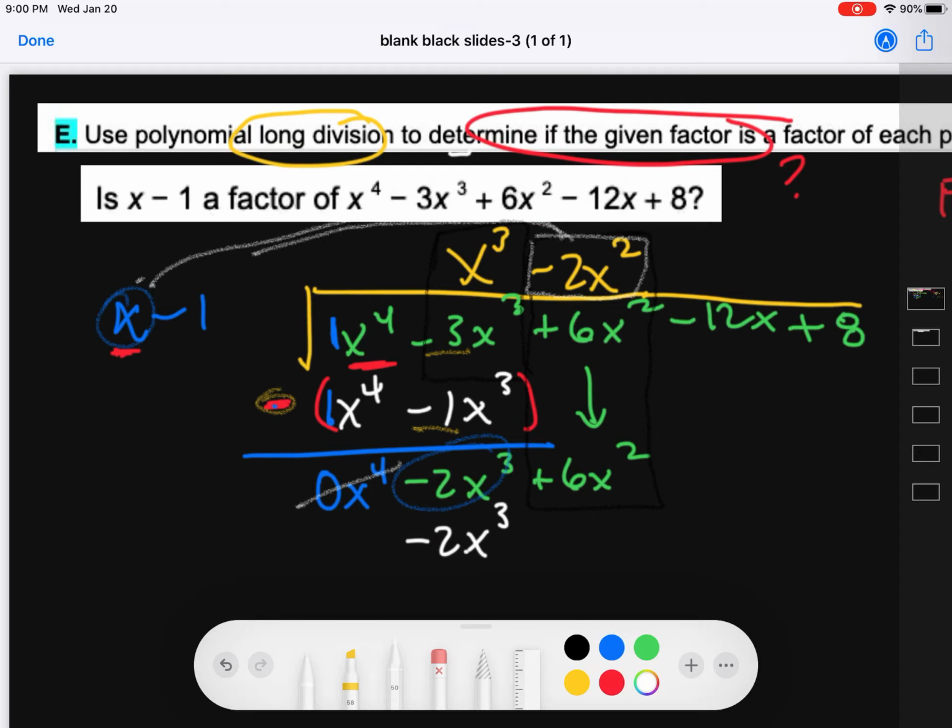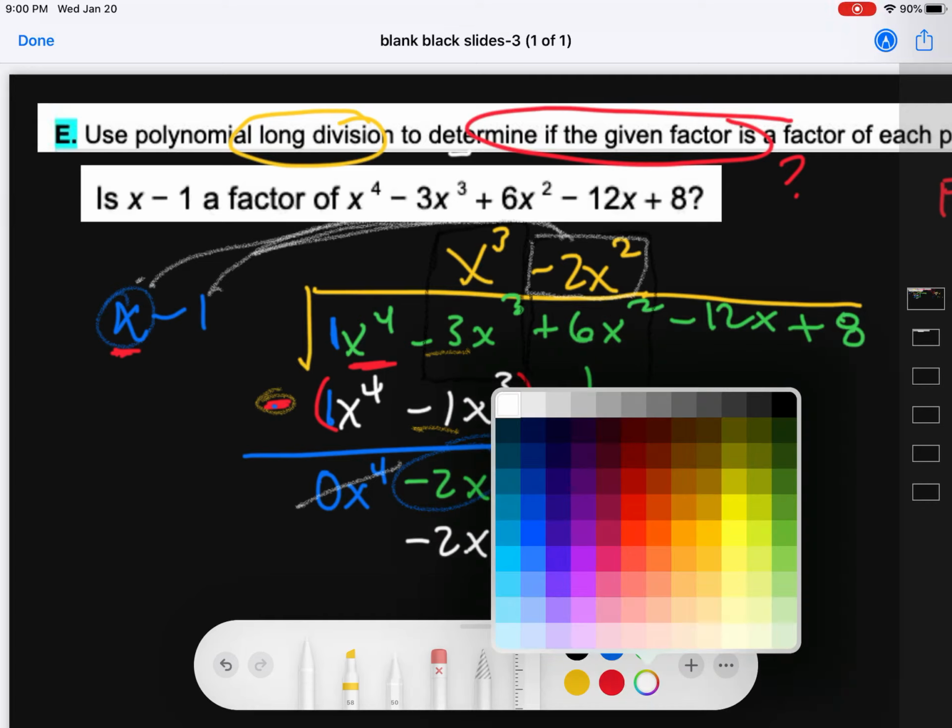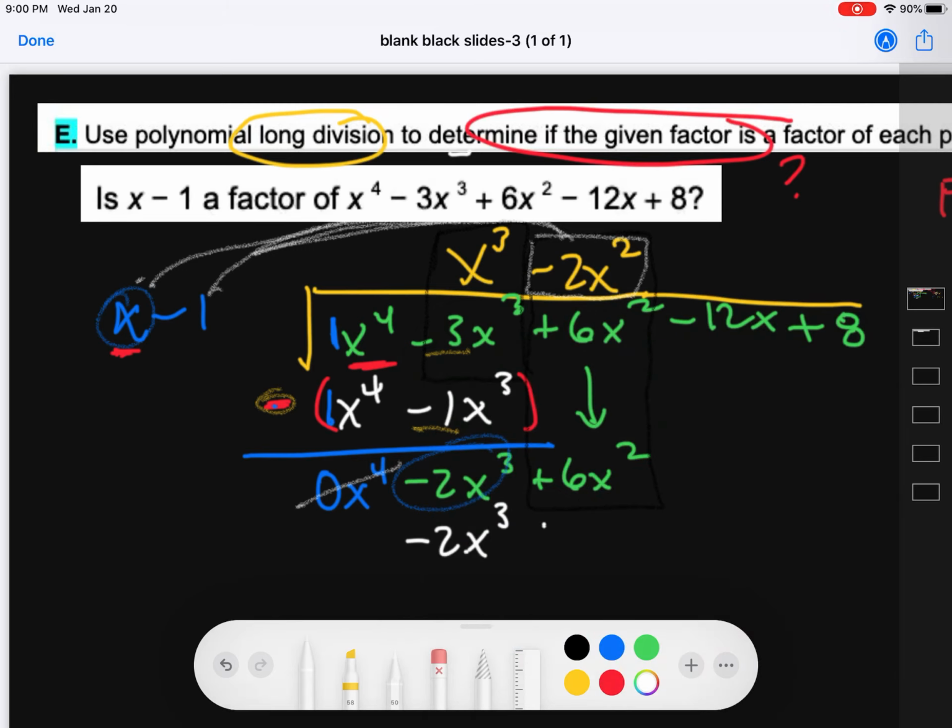Negative 2x squared times negative 1 will give me a positive 2x squared. Okay, we're going to subtract now, just like you did with regular long division. Some people actually teach here to distribute the negative 1. You could do that, but I think it's confusing, so I just teach it this way.